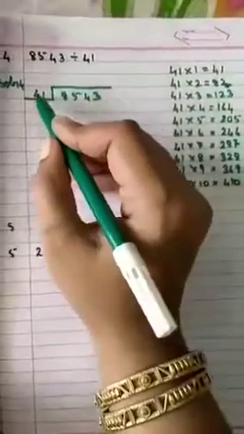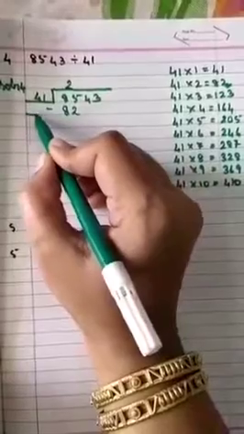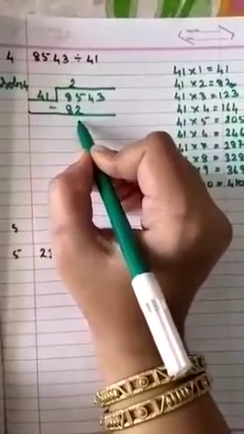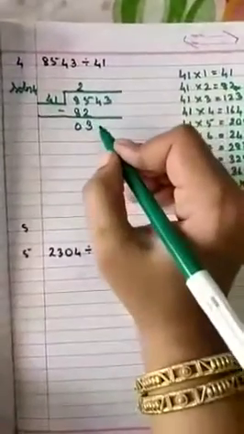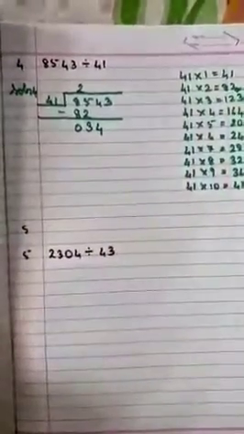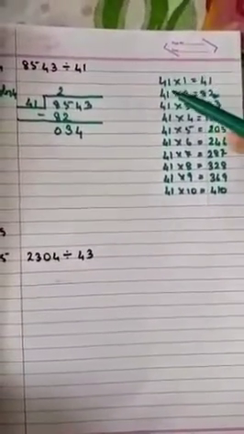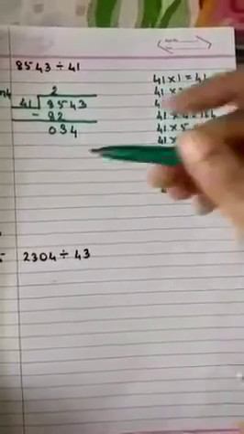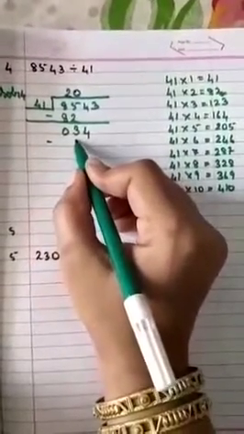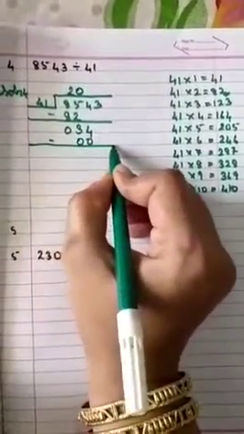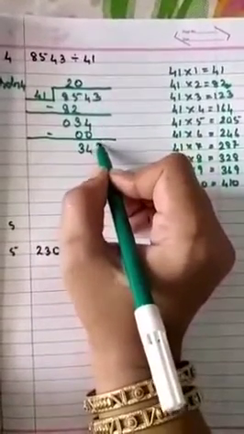So we write here 41 twos are 82. 5 minus 2, 3. 8 minus 8, 0. Now one digit will come down, that is 4. Is there a number for 34 here? No, as 41 is bigger than 34, so we'll take 0. 41 zeros are 0. So 3 and 4 will come as it is. Now this 3 will come down.